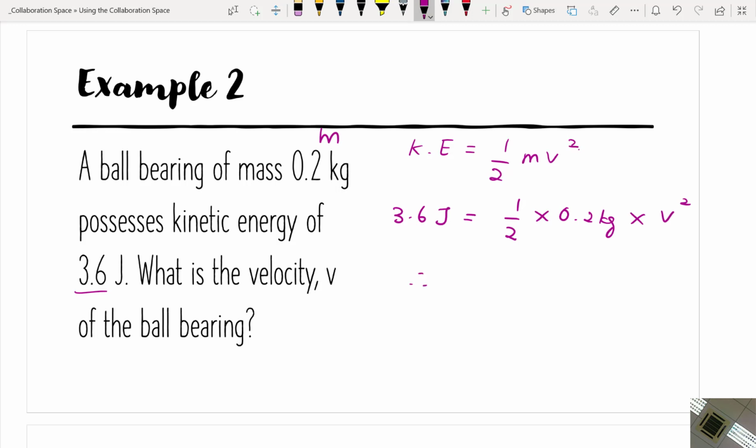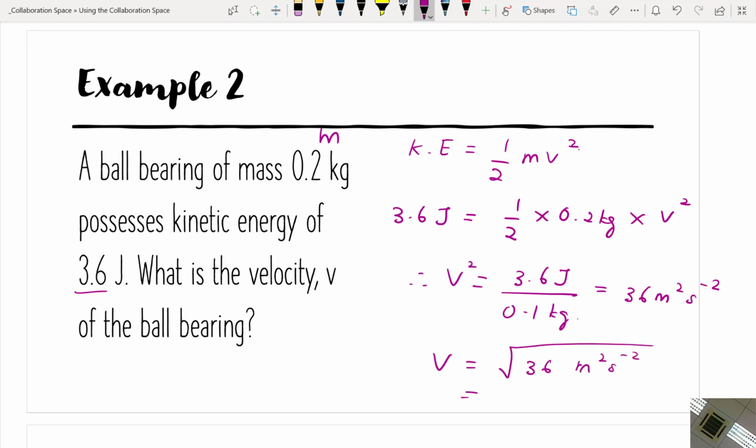Now we want v squared, therefore v squared equals to 3.6 joule over 0.1 kg, and that is equals to 36 meters squared per second squared. Hence v equals to the square root of 36 meters squared per second squared, and that gives us 6 meter per second.